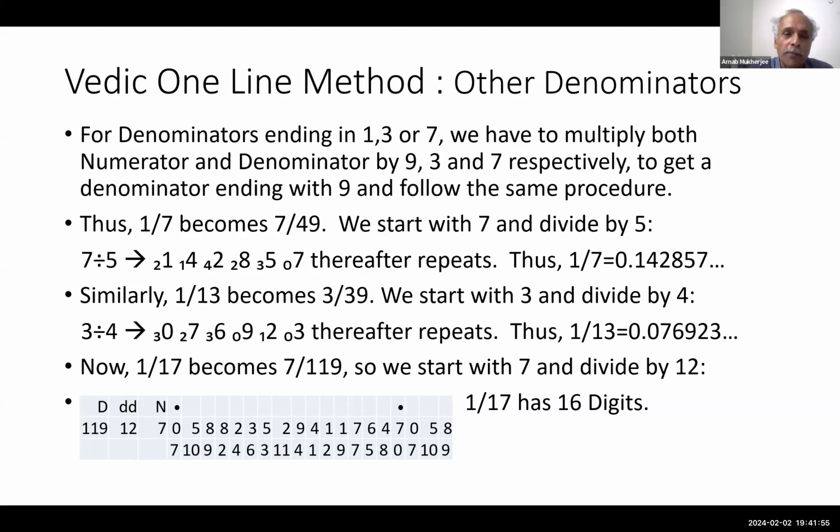If suppose you want 1 by 49, then we start with 1. So there will be 0 quotient and remainder 10. 10 divided by 5 is 2, so the next digit will be 2. Then 0 and 2, 20, then it will be 4. That way it will go on. Whatever our numerator is, the length will be 42.